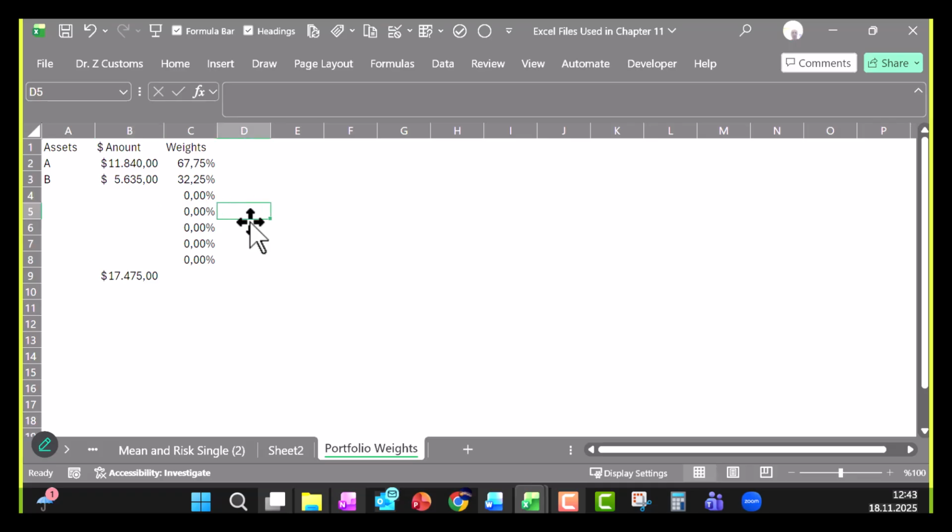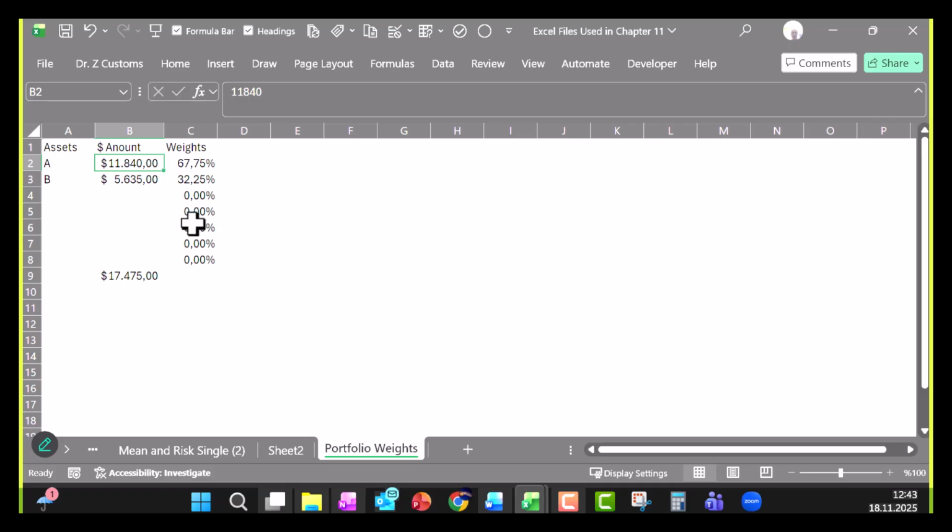That's supposed to be 0 as well. Again, my system is somehow in Turkish version. So 67,75 means 67.75. That's pretty much it.